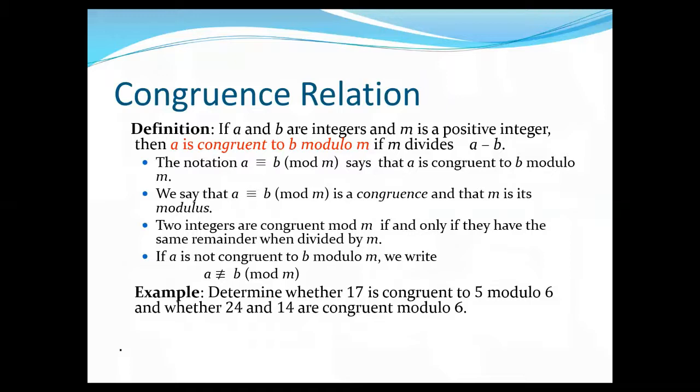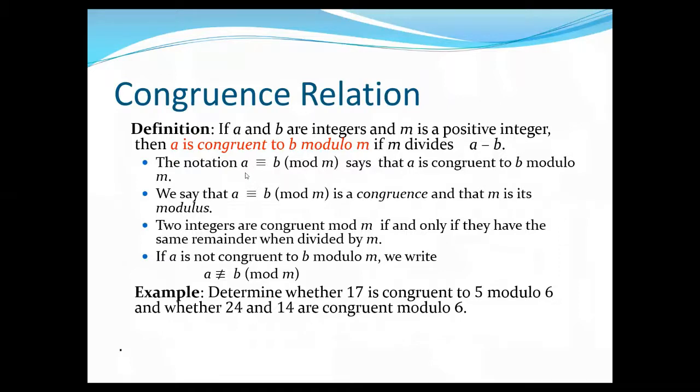So when we subtract a value and divide the result of a minus b by m, and it's an integer, it means they have a congruence relation. The notation for the congruence relation is a, three lines, b mod m.